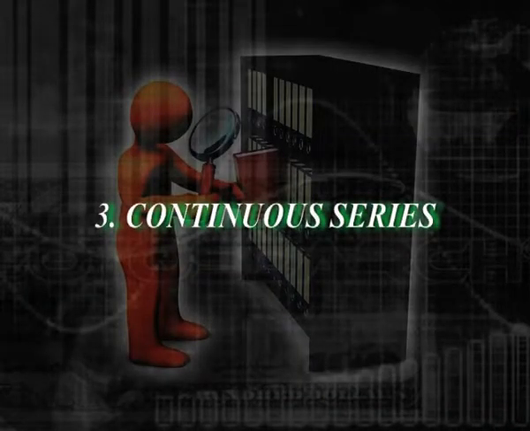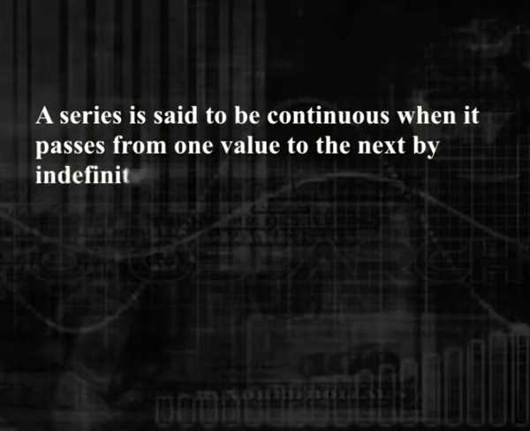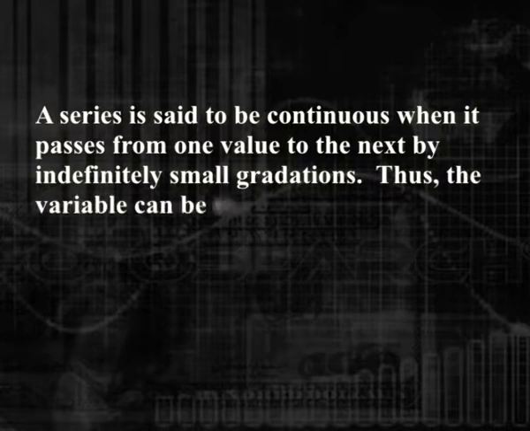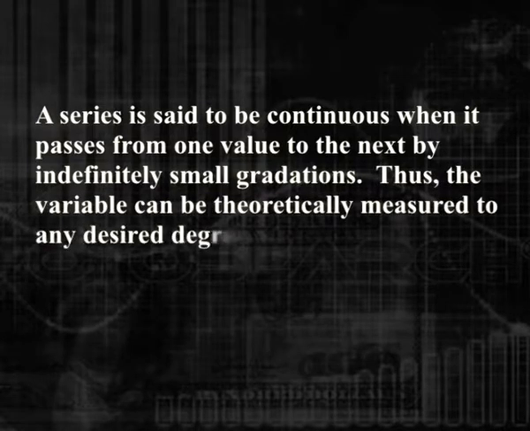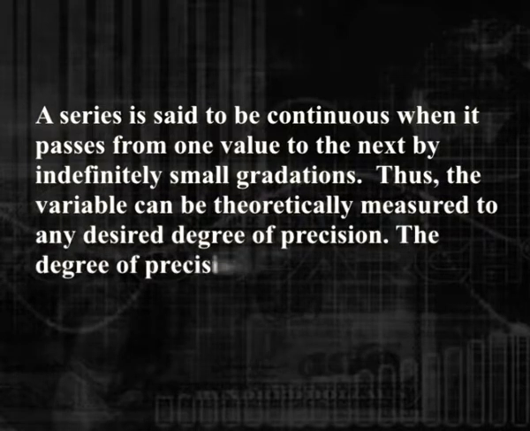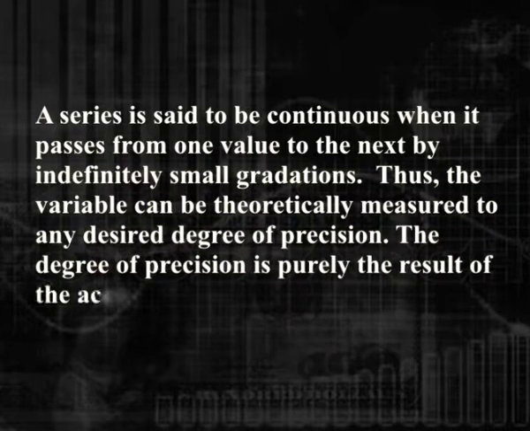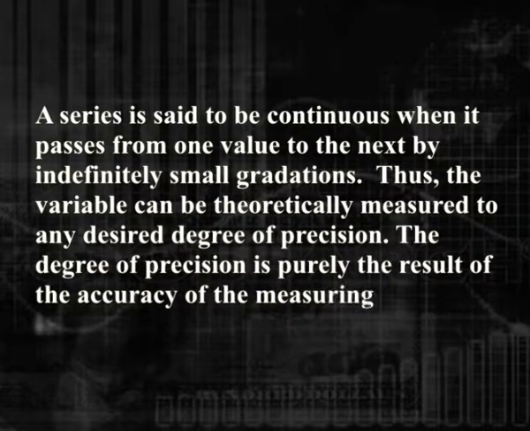Now the third one is continuous series. In this series, when items are distributed in groups or classes because they are not exactly measurable, they form a continuous series. A series is said to be continuous when it passes from one value to the next by indefinitely small gradations. Thus, the variable can be theoretically measured to any desired degree of precision.